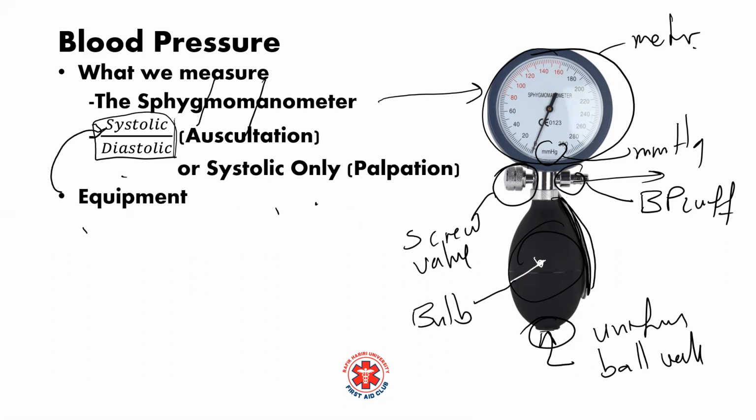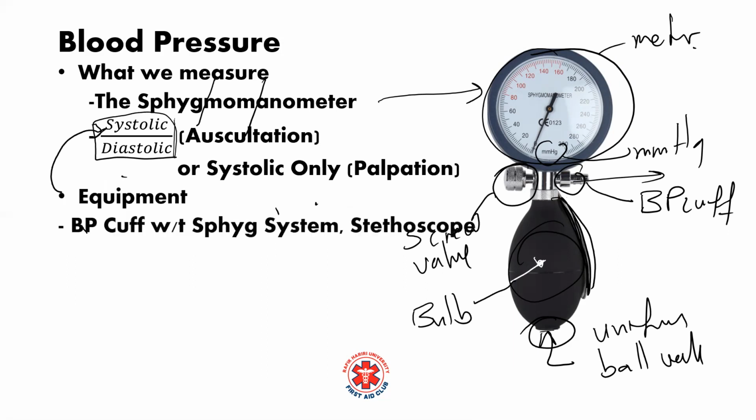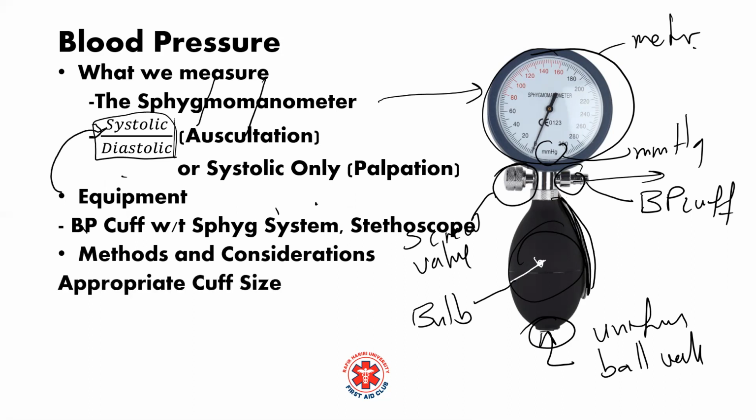Equipment, what do I need? I need a BP cuff with the sphygmomanometer system and a stethoscope. I need these methods and considerations. Appropriate cuff size. If it is too small, my blood pressure will be erroneously high.